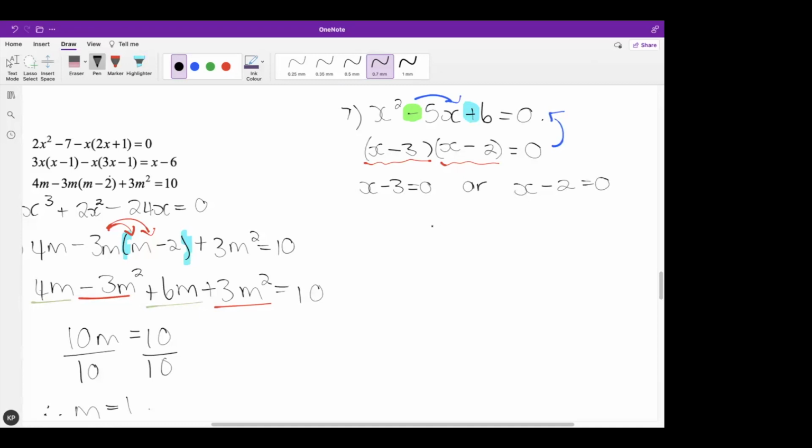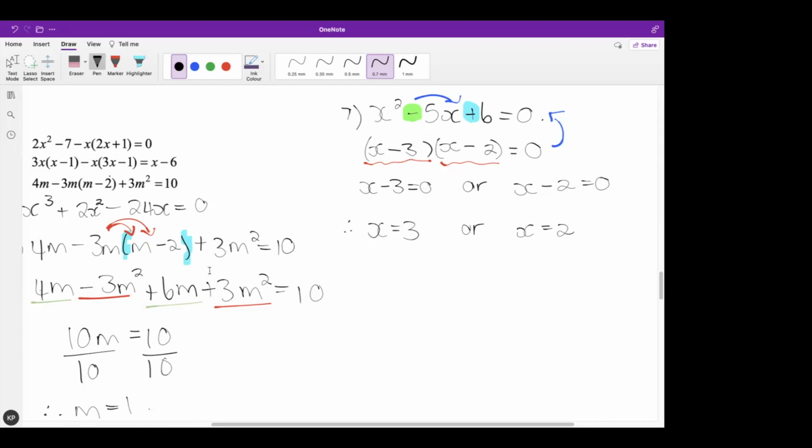You don't have to write either. All right, and then you solve them as two separate equations. So for my left one, what is x going to be? X equals 3. So either x equals 3 or x is 2.